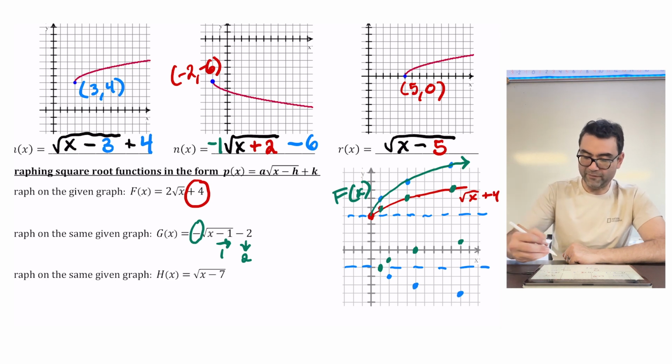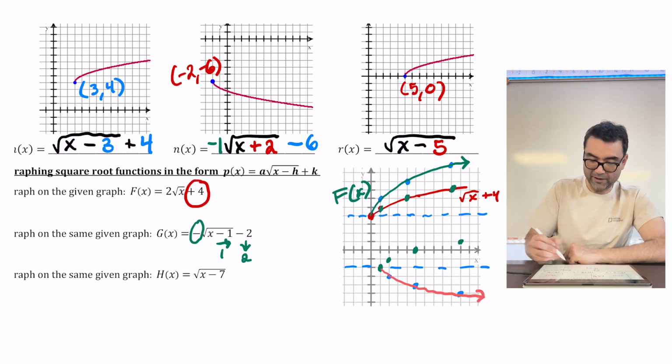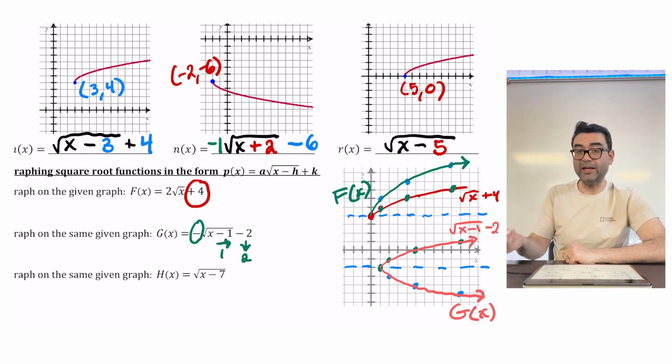So that would be the function we're looking for. That would be our friend g of x. But again, this function up here, that would be square root of x minus 1 minus 2. Right? Because that one did not get the x-axis reflection, but g of x did.